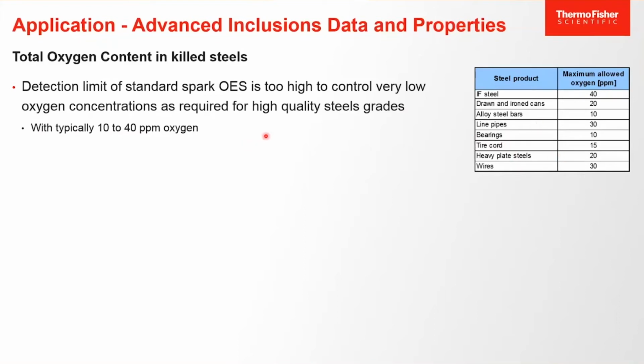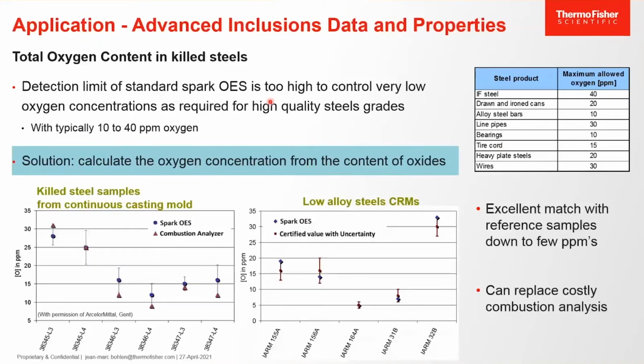So typically cases where oxygen is around 10 to 40 ppm. Normally the detection limit of the instrument does not allow measuring that with good precision and accuracy. The solution is given by the inclusion analysis, and we calculate the oxygen concentration from the content of oxide.